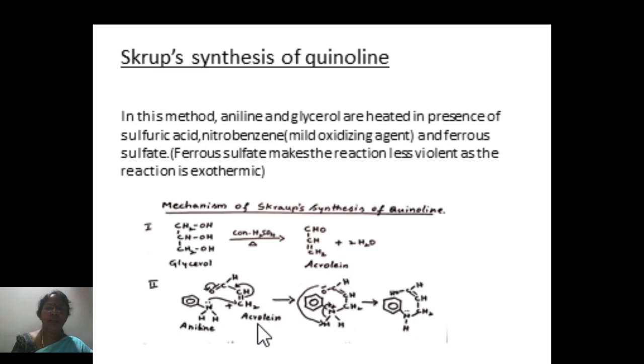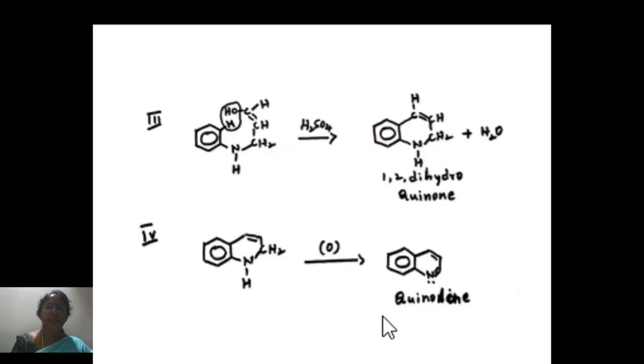This acrolein approaches aniline to form an intermediate, and this intermediate further undergoes cyclization in presence of concentrated sulfuric acid to form 1,2-dihydroquinoline.